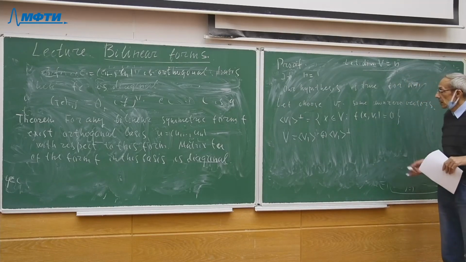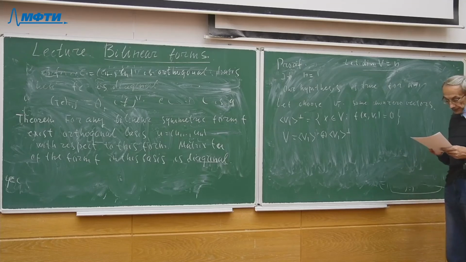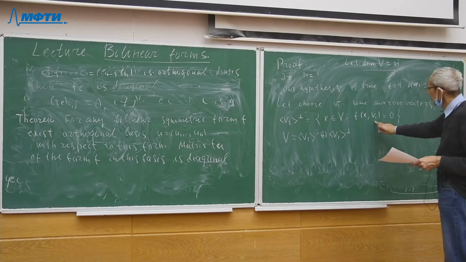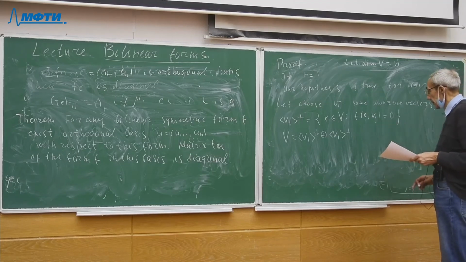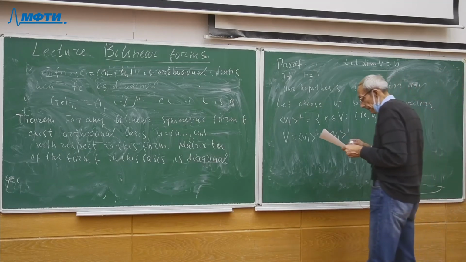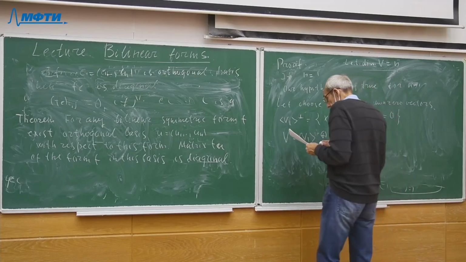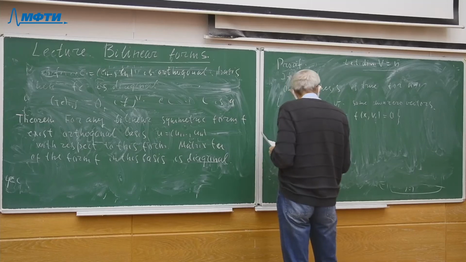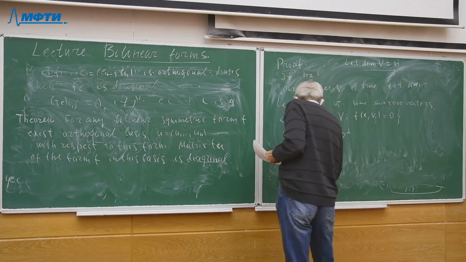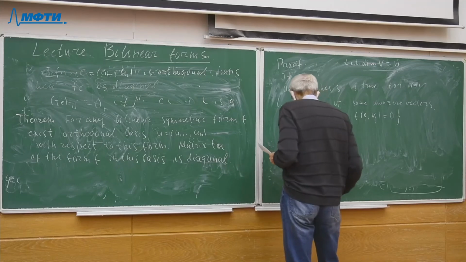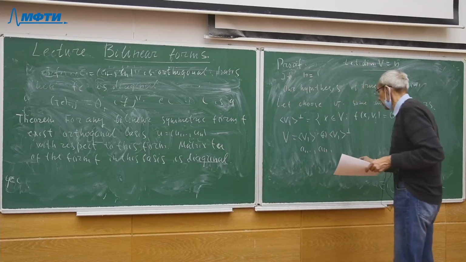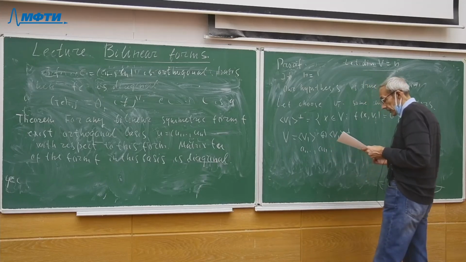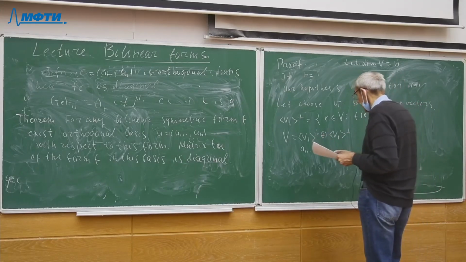The main idea is the following. If we choose some basis in this vector space, any vector can be rewritten as a linear combination of these basis vectors.